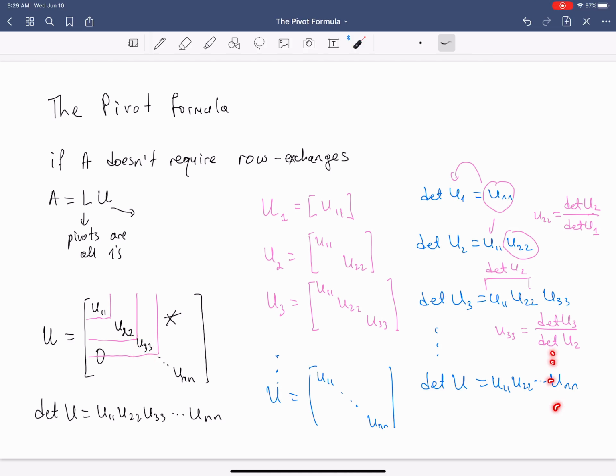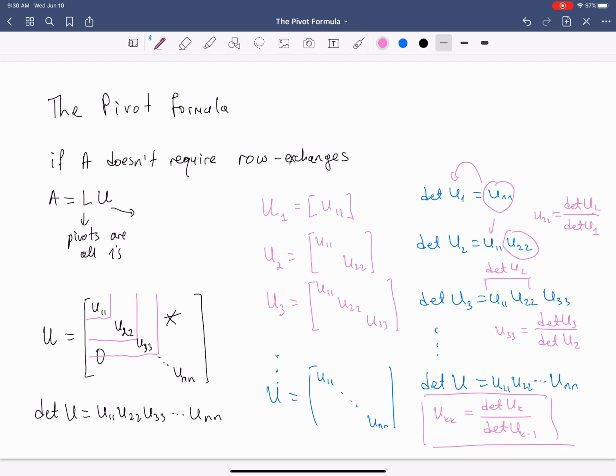And the process continues. The kth pivot, UKK, is equal to the determinant of UK over the determinant of UK minus 1. So we actually can express the pivots through the determinants.